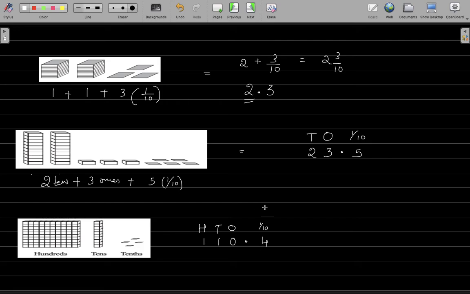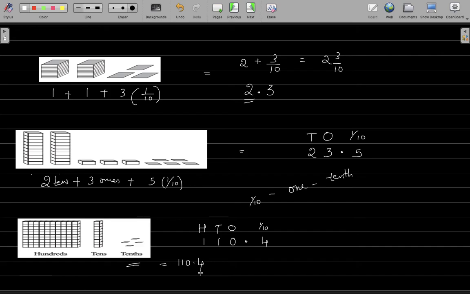So this tenth position here is 4. So this number here is 110.4. You understand?